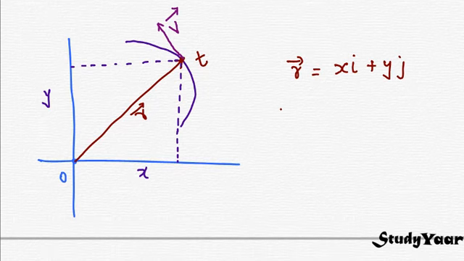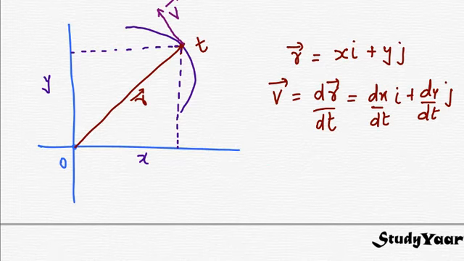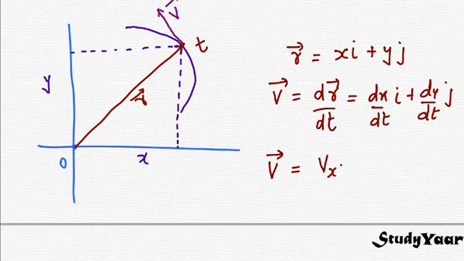And we know that my velocity vector is dr by dt. Therefore, what I get is dx by dt i plus dy by dt j. Okay, so now I can write my velocity vector as a component in x direction plus a component in y direction.